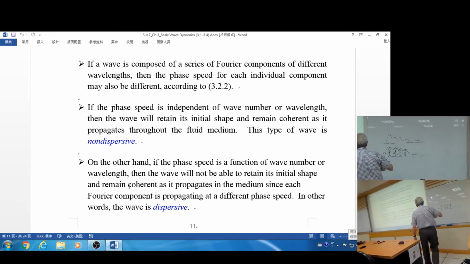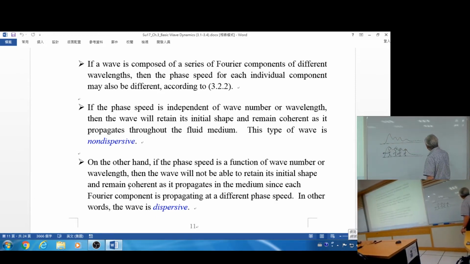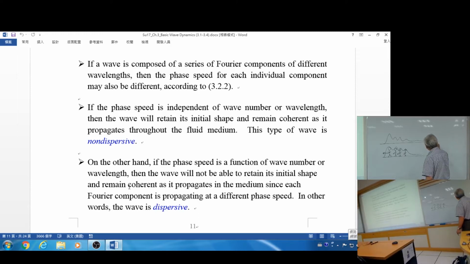Mathematically, the wave frequency is a function of wave number. More precisely, the phase speed, omega divided by k, which is c, equal to Cp, is a function of k.